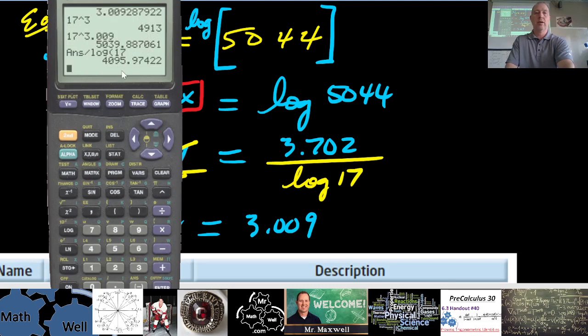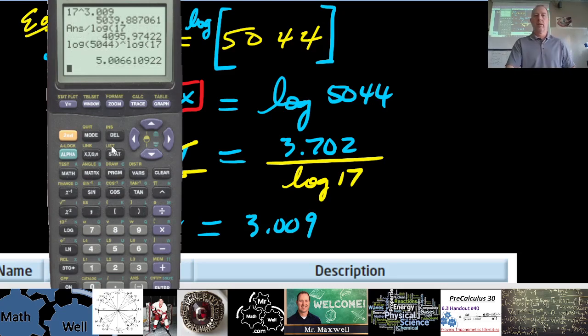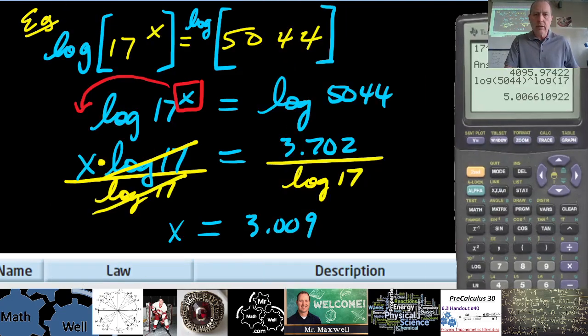Oops. Shoot. Okay, well, not easy to get back there, but log of 5044 divided by log 17. I'll rewrite it, I guess. Log 5044 divided by log of 17.